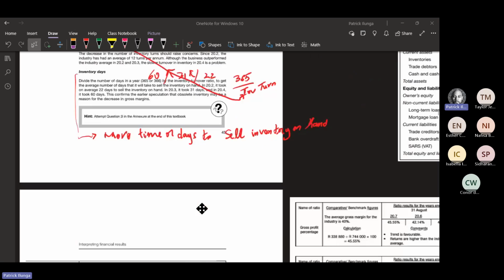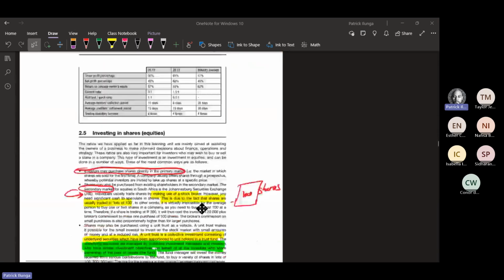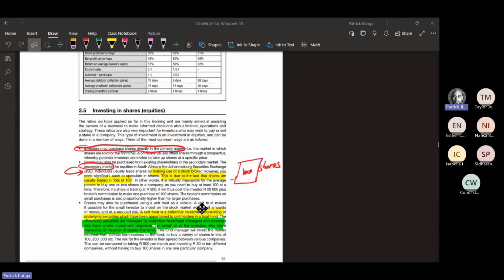Okay, so guys, the last part that I wanted to touch on was investing in shares. We do have a recording. I'm going to paste it here in our chat. It's already on our Teams. So please go through this recording if you have not done so.